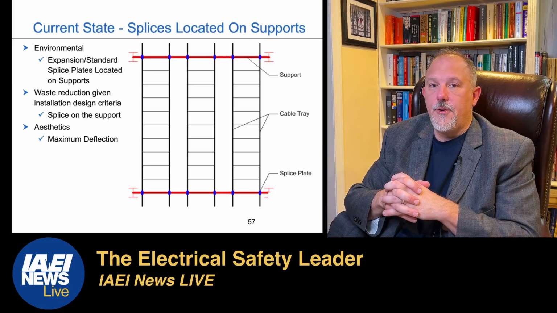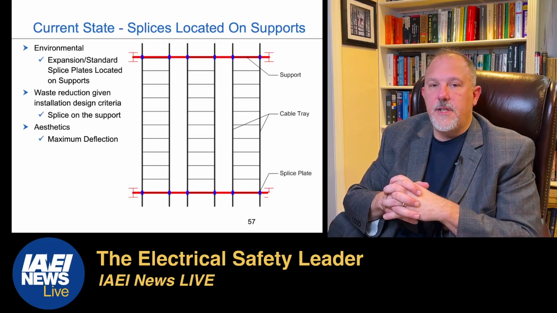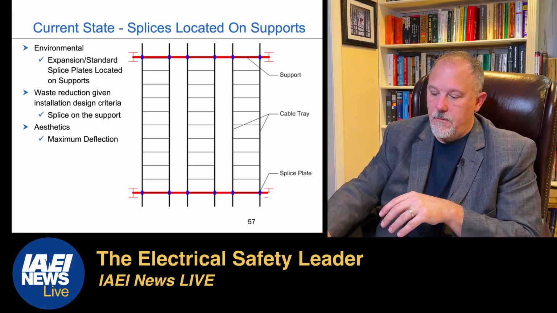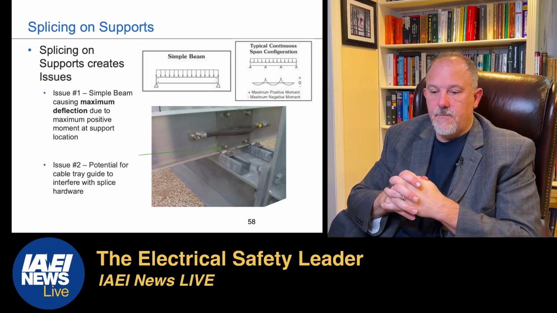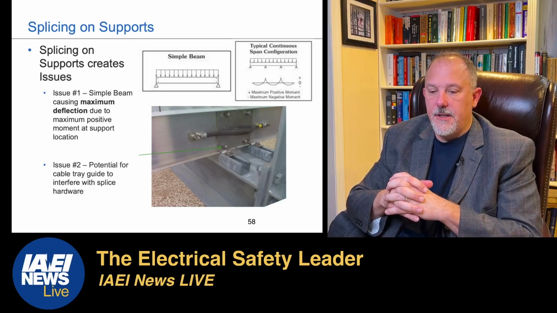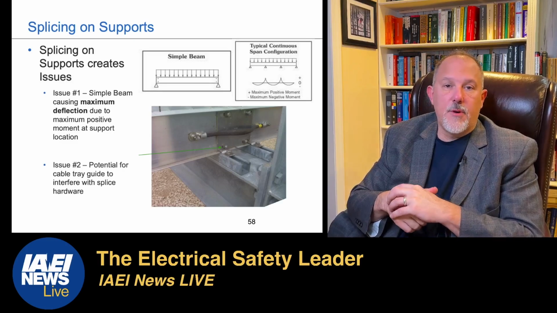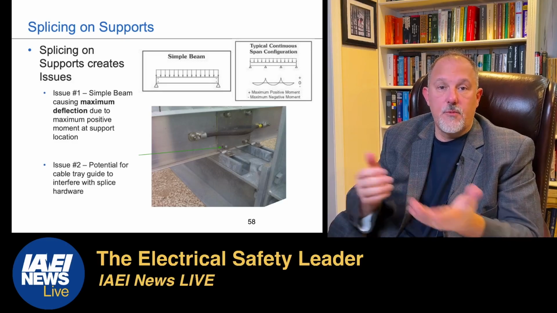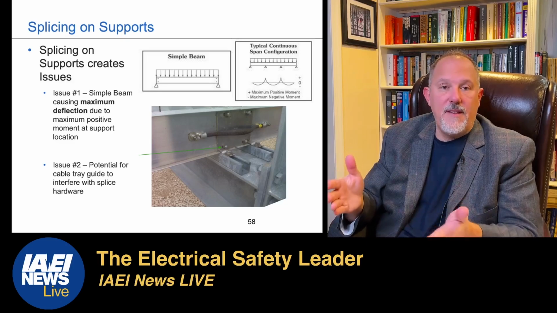Make sure you're thinking through the details. Splicing on support creates issues. Simple beam causing maximum deflection. And you might be trying to do this to minimize the number of supports that you have to put in, which reduces cost. But you've got to be mindful of that.